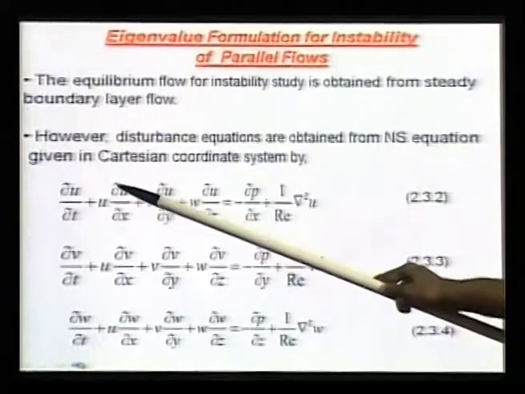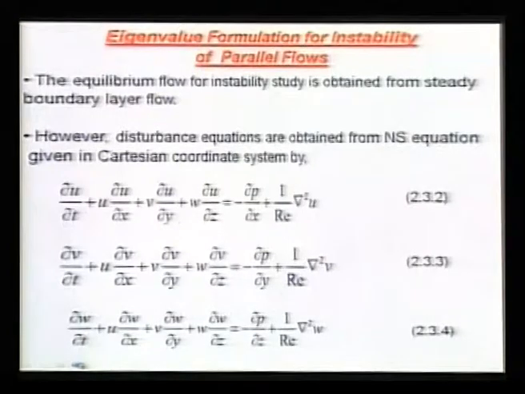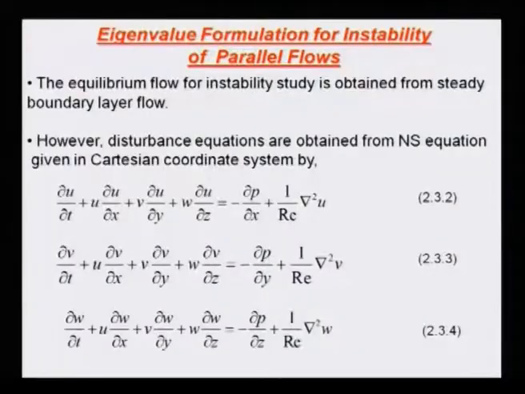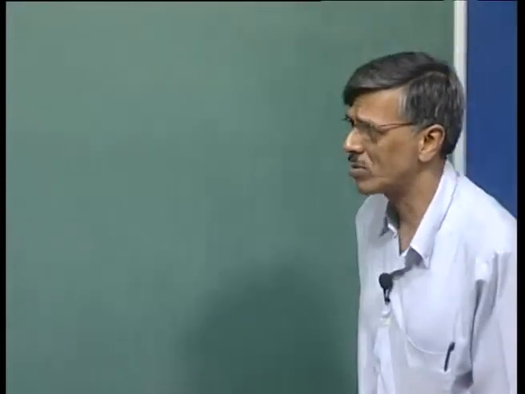So, u is the total component, v is the total component, w is the total component of the velocity profile. Okay. That now we will split up into an equilibrium flow and a disturbance quantity.